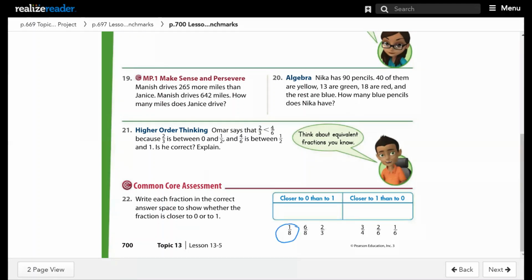So 1/8 is closer to 0 than to 1. 6/8 is closer to 1 than to 0. 2/3 is closer to 1 than to 0. 3/4 is closer to 1 than to 0. 2/6 is closer to 0 than to 1. 1/6 is also closer to 0 than to 1.